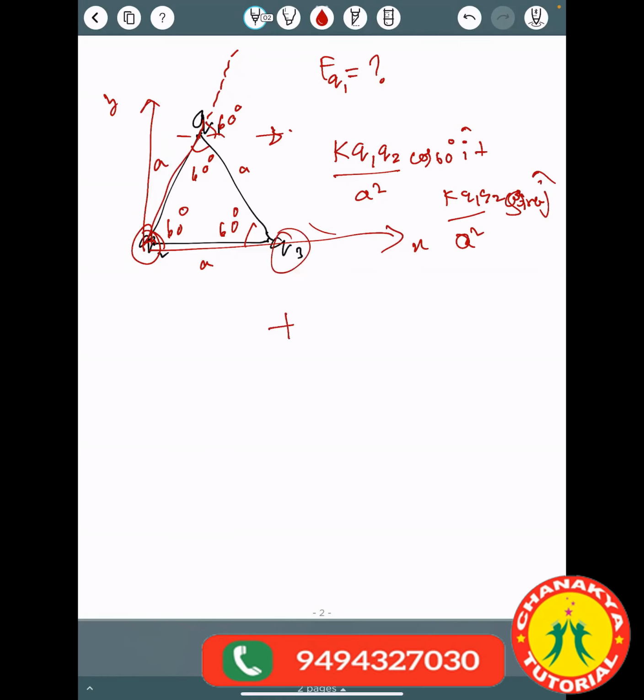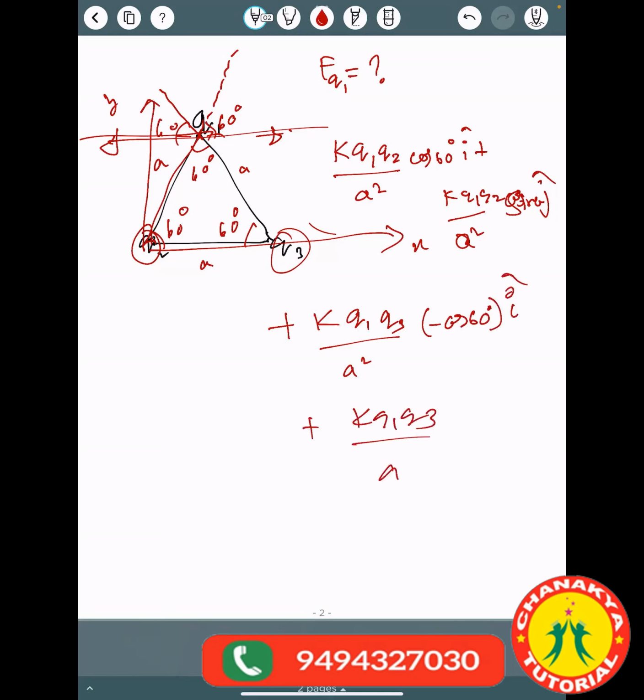You have to add in this only. k Q1 Q3 by A square, and the force is acting like this, correct? Again, this angle is 60 degree. So along this x-axis, it will be minus cos 60 degree i cap plus k Q1 Q3 by A square sine 60 degree j cap.